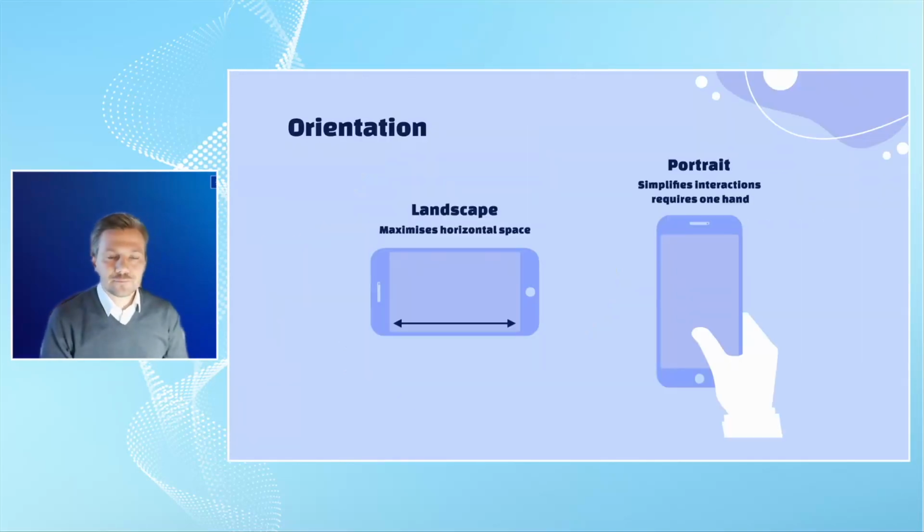Next, please. And here we get to the orientation problem. Mobile devices have two different orientations, landscape and portrait. The portrait allows us to use the device with just one hand and access easily to the scroll, to the swipe, while the landscape requires two hands for a full interaction, but maximizes the horizontal space.